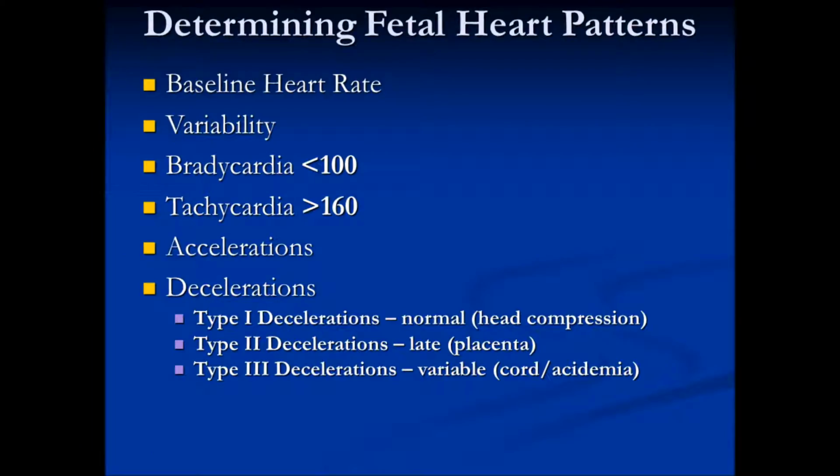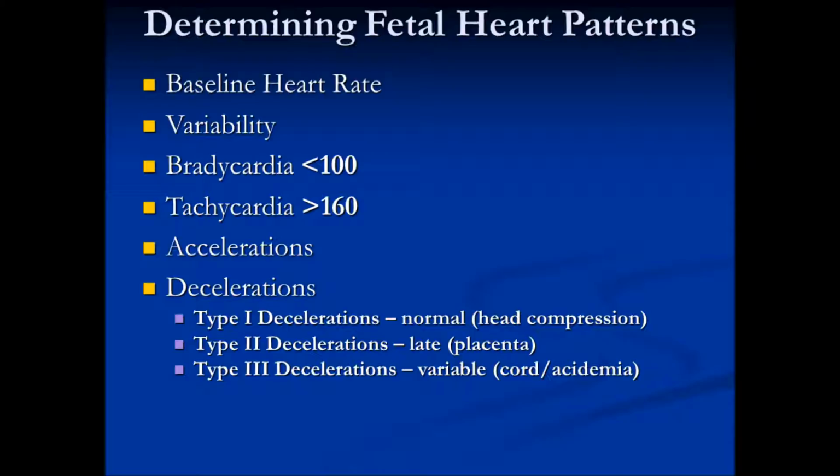Okay, now that we talked about how to monitor the fetal heart rate, we're going to now talk about how to determine if there are problems with the fetal heart rate that is being measured. So the baseline heart rate is determined by watching the rate tracing for at least 10 minutes.